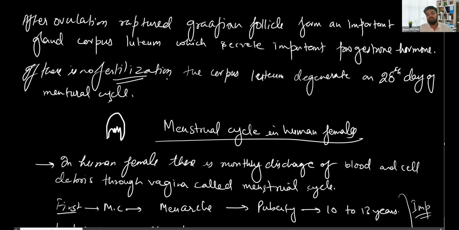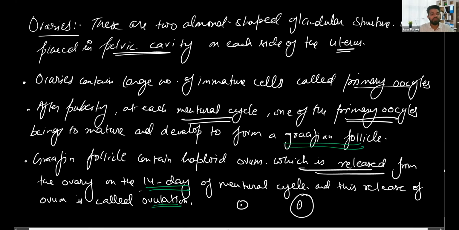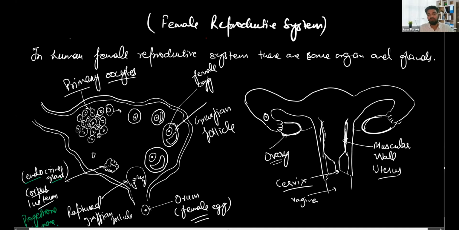If there is no fertilization, then the corpus luteum disintegrates or degenerates on the 28th day of the menstrual cycle. The ovum waits for the sperm to come, and if fertilization occurs, then a zygote will be formed. If fertilization does not occur, then this corpus luteum, which was secreting progesterone, will disintegrate.